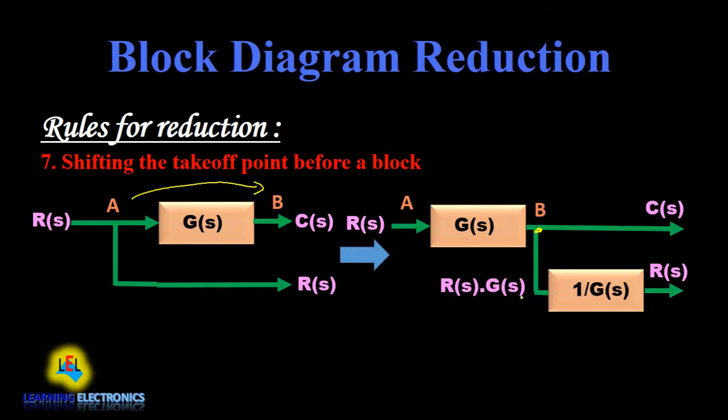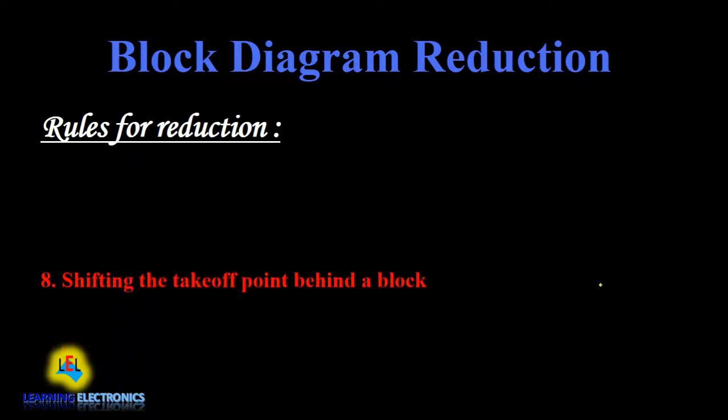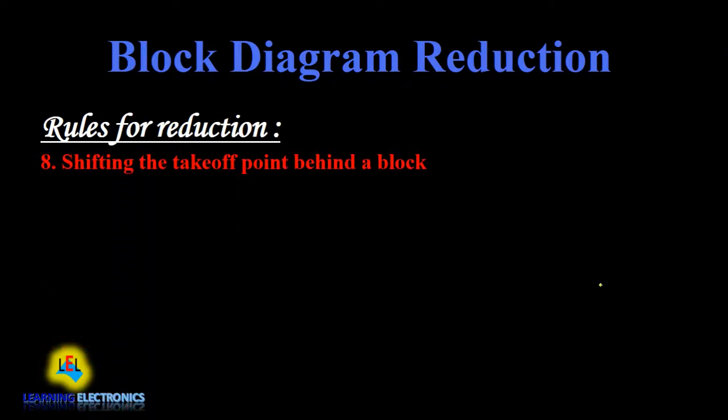So if we divide it by G(s), then the output again is equal to R(s). So whenever the takeoff point is shifted before the block, one block of 1 upon G(s) is added in the branch of R(s).